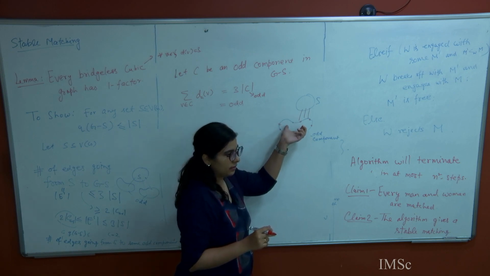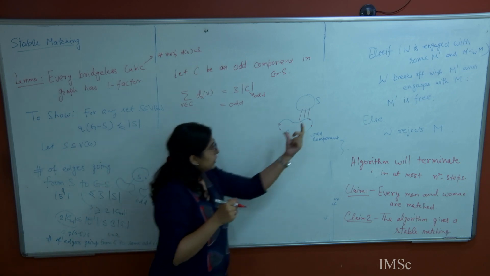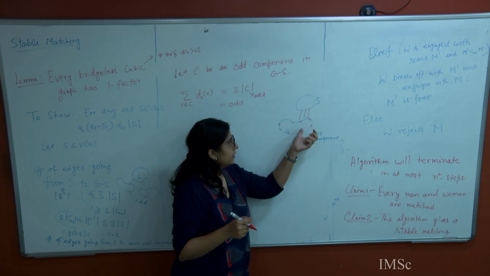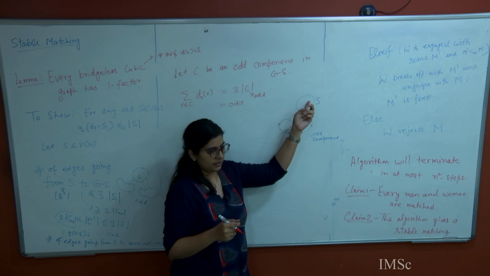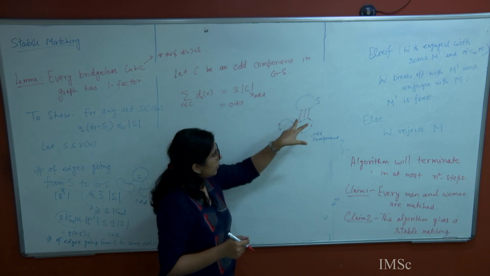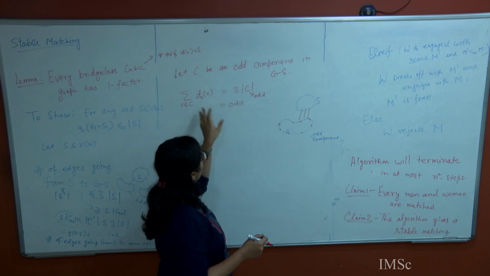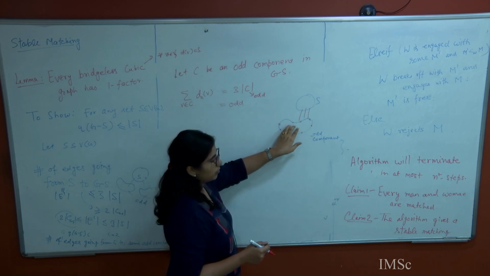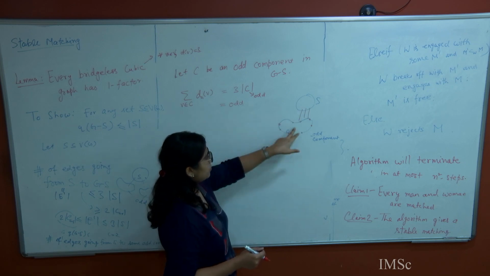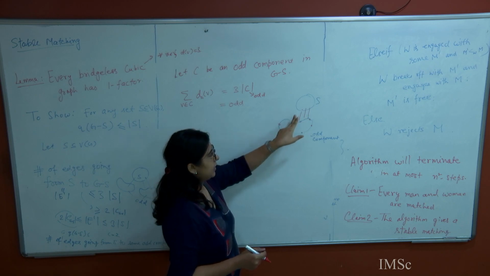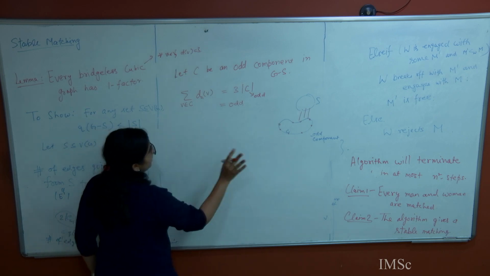Those which are inside, because you are looking at the degree of both endpoints, but for the edges going to S we are looking at the degree of only one vertex, because one of the endpoints is in S. So to count these edges, from the total degree sum we can remove the degree sum from the component only, and after subtracting we get the number of edges going across from this component. Okay, so that's my idea.